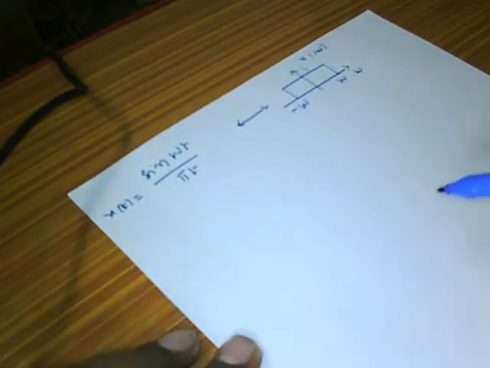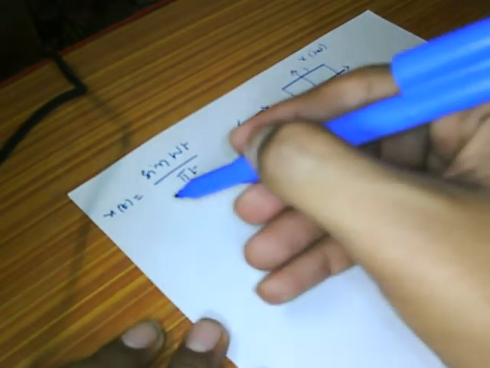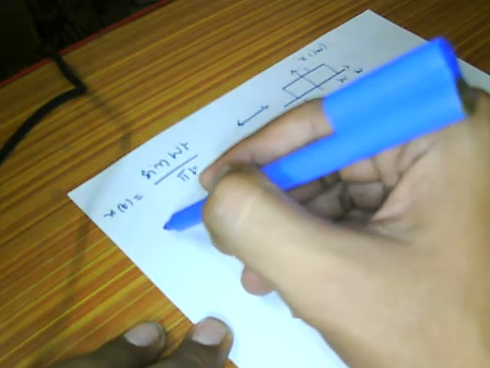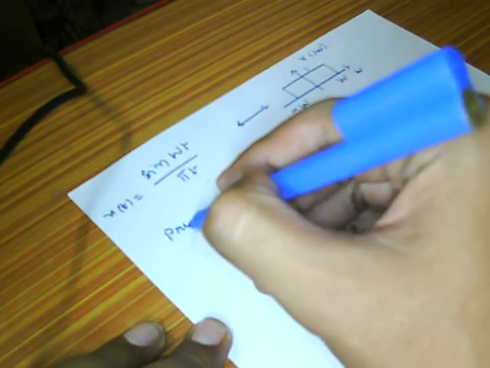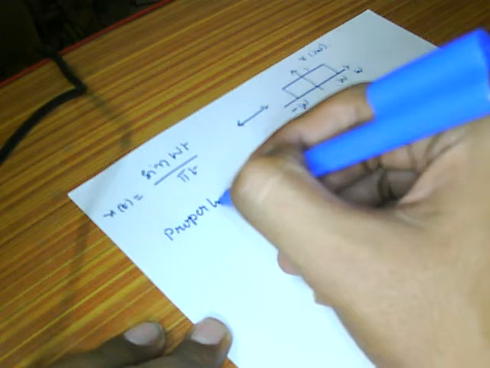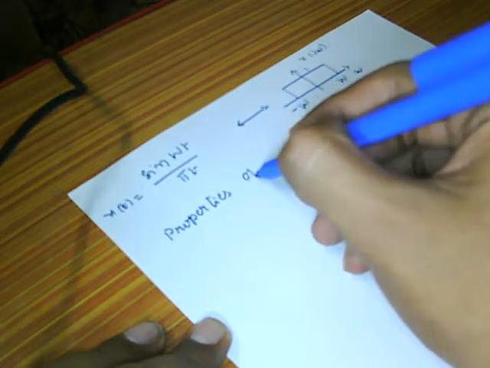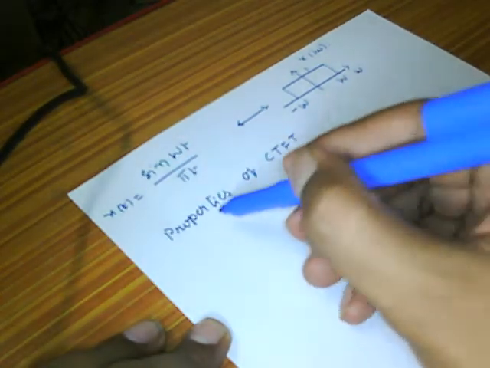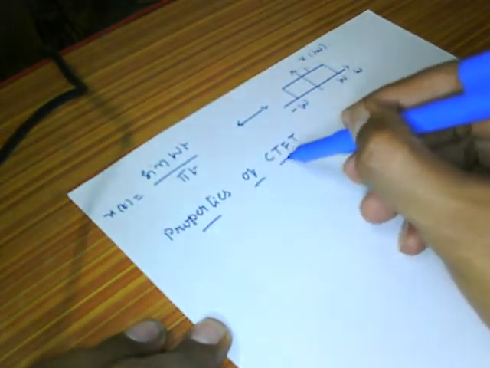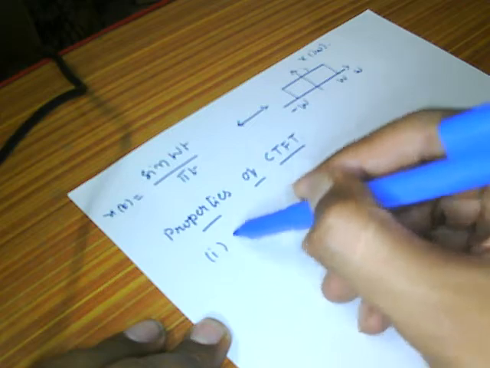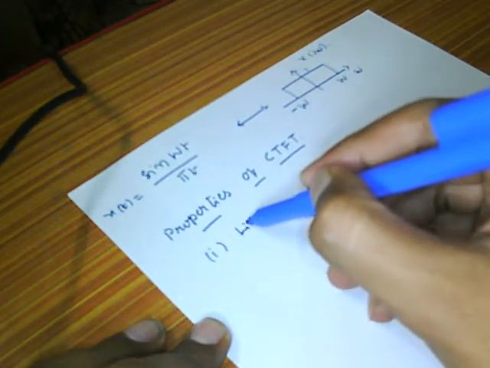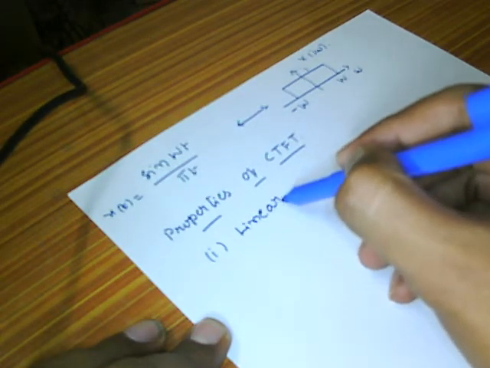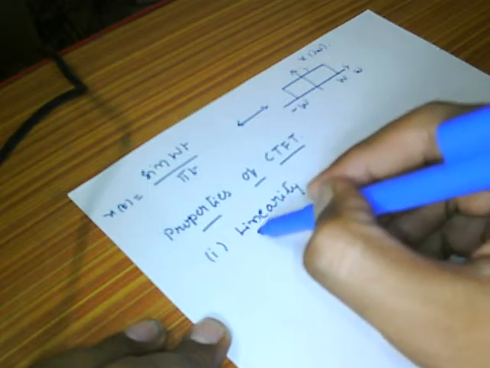So next we move on to some important properties of Fourier transform. So first one we call it as linearity property. So what does it say?